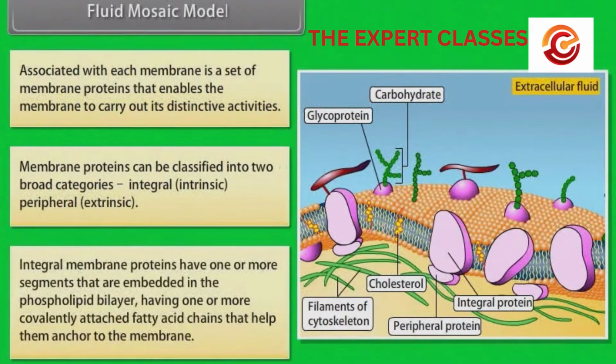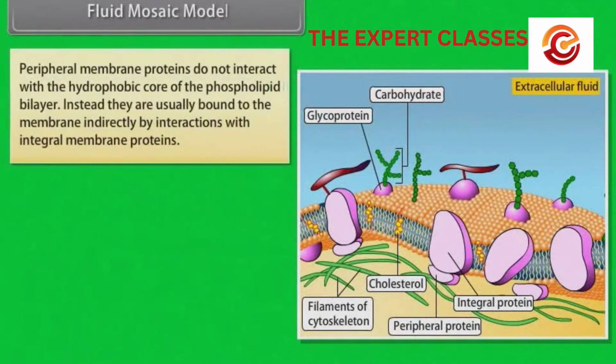Integral membrane proteins have one or more segments that are embedded in phospholipid bilayer, having one or more covalently attached fatty acid chains that help them anchor to the membrane. Peripheral membrane proteins do not interact with the hydrophobic core of the phospholipid bilayer.